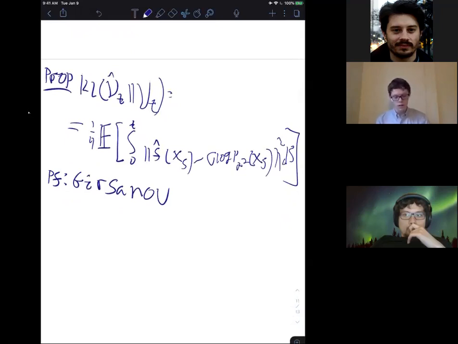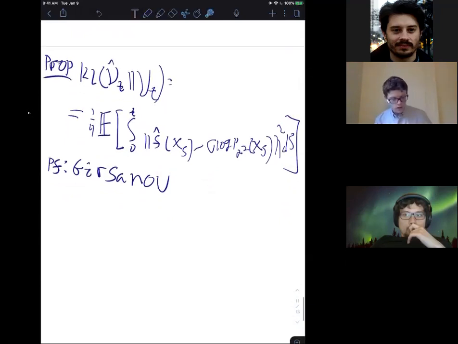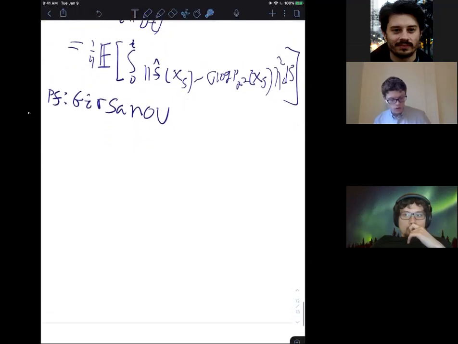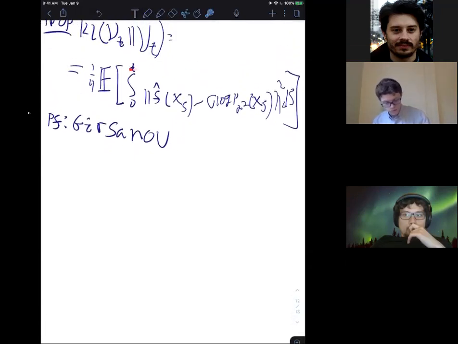When you take expectations, the martingale part drops out, and so you're left with this expression. Again, these computations are pretty standard, so I don't need to spend a huge amount of time on them. And so now we can move forward a little bit to bounding this.